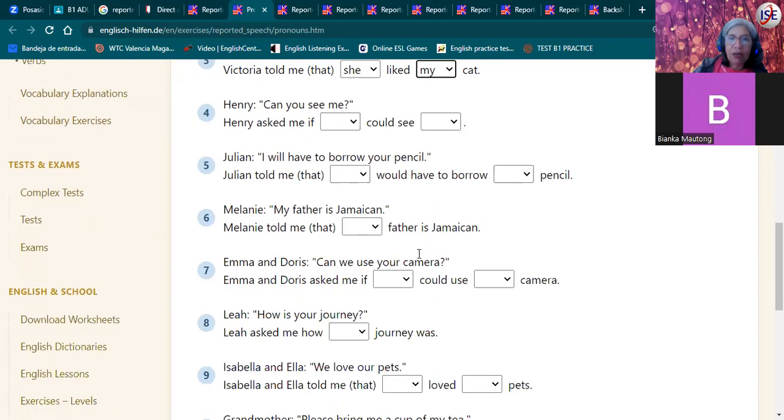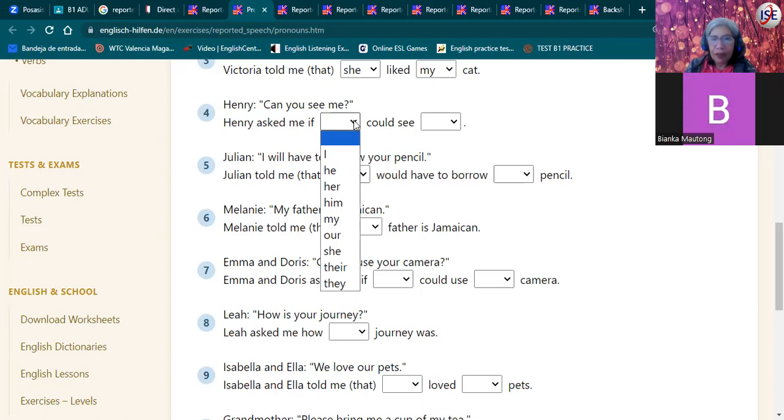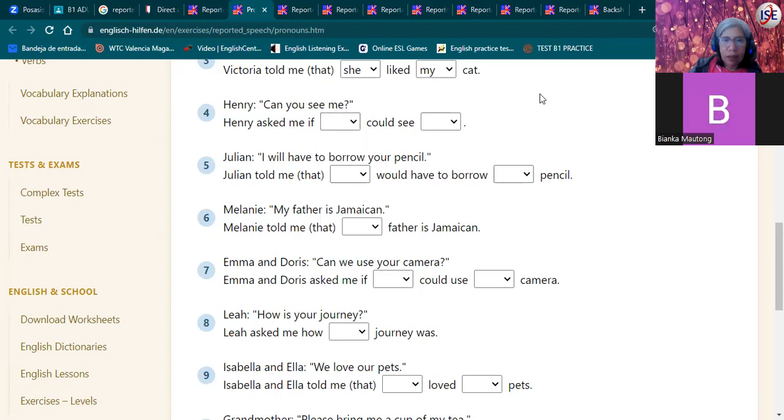Henry, can you see me? Henry asked me if. Can you see me? Henry asked me if he could see.